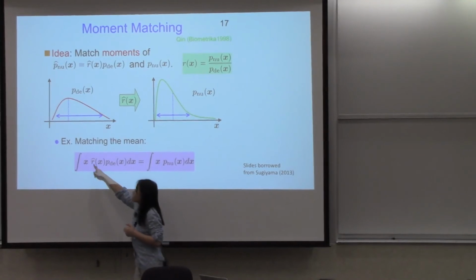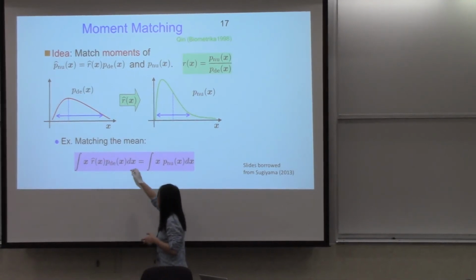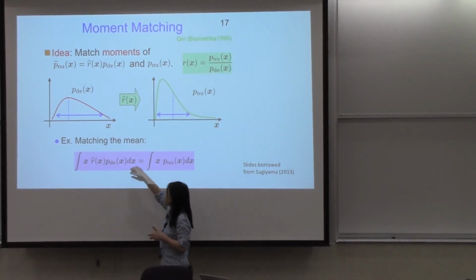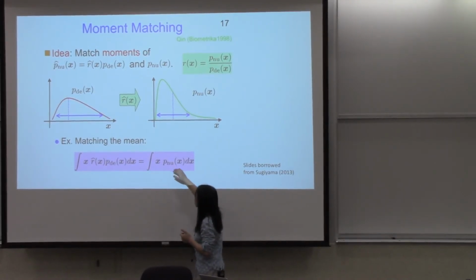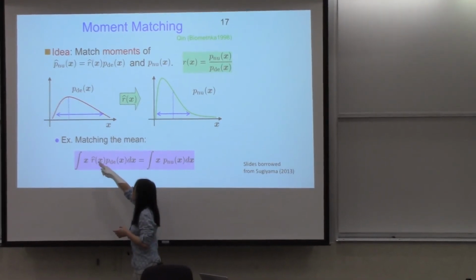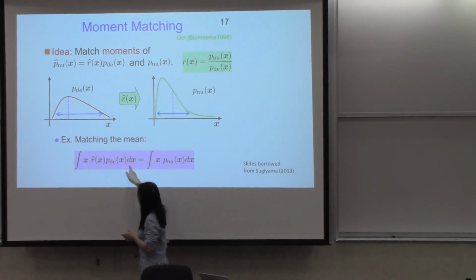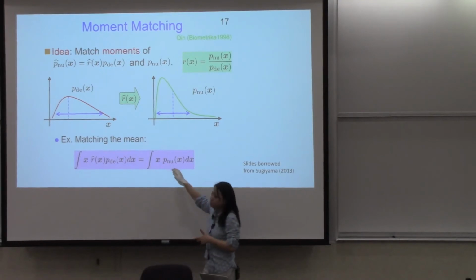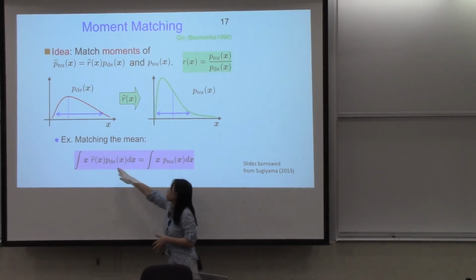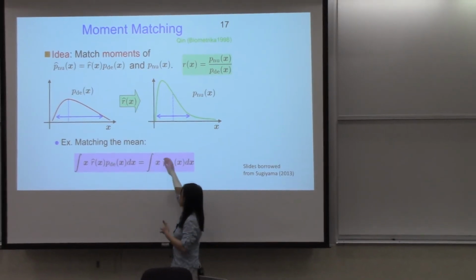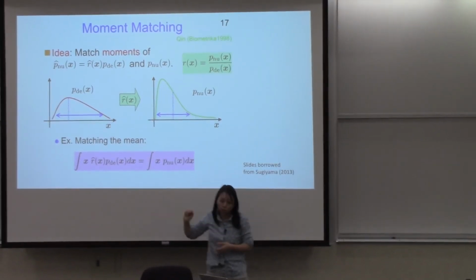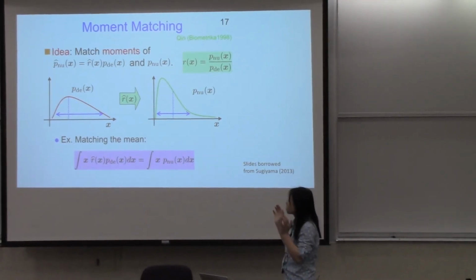After this reweighting, you want this expectation of x to equal the expectation under the other distribution. So after reweighting one of the distributions, the expectation of the data should match the source one. If this is target and this is source, then after reweighting, this should match the expectation of the source data.